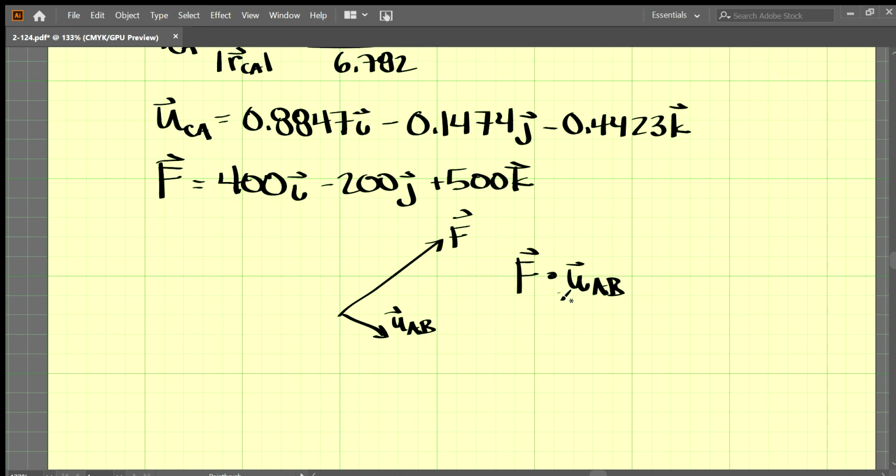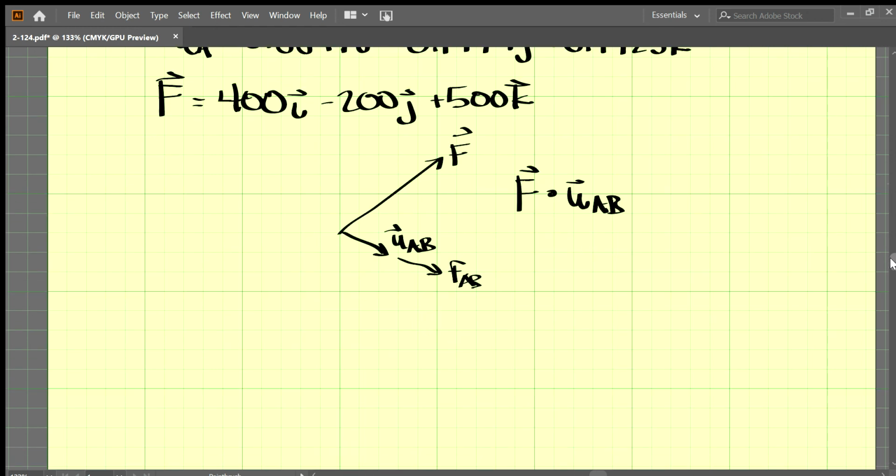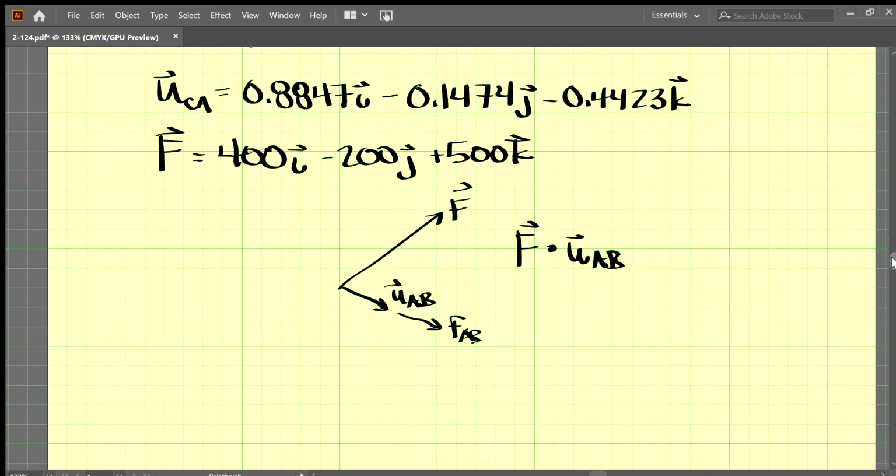That's all we need to do in our example, which is 3D. In the 2D example, we would get some component FAB. So let's do this for our problem here in 3D terms.